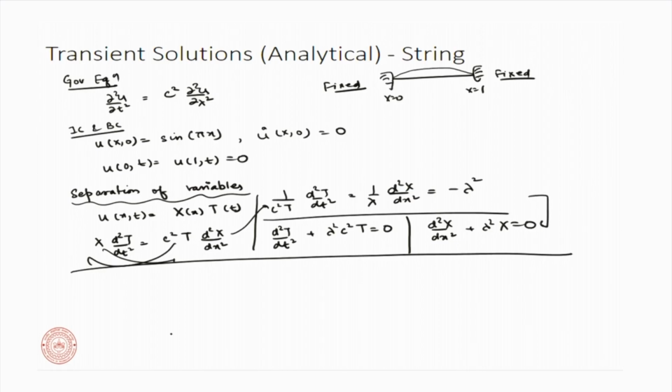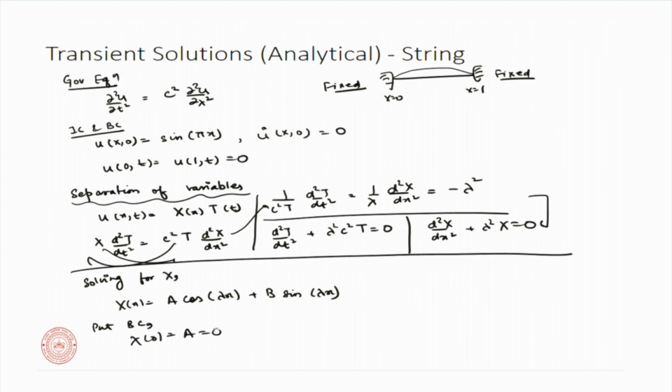Now, we try to solve this. First solving for X, we will get X of x, just like last time, is A cos lambda x plus B sin lambda x. Okay. We put our boundary conditions. We get X of 0 equals A equals 0, and X of 1 equals B sin lambda equals 0.